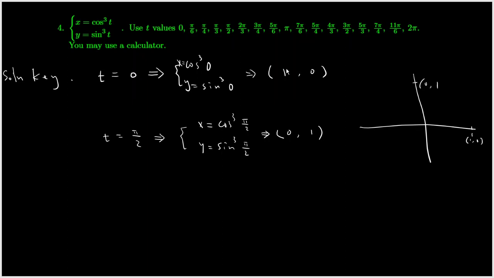And likewise, these 2 points are also on the curve. That's the point with x coordinate of -1 and y coordinate of 0. And this point has x coordinate of 0 and y coordinate of -1.